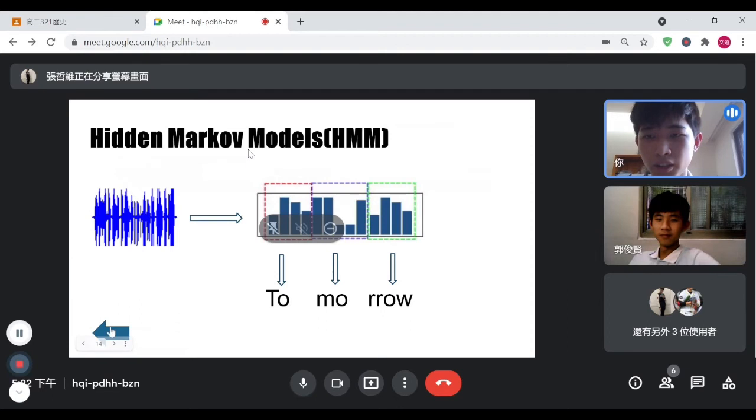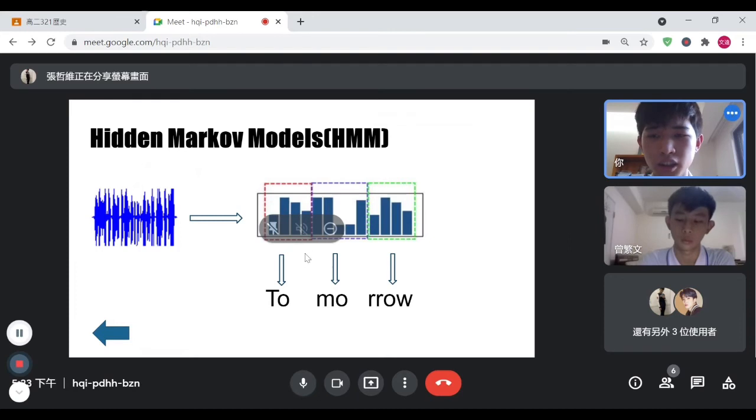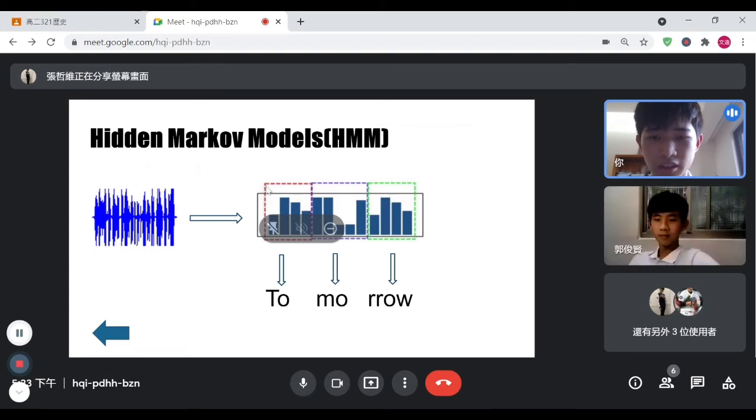For example, the hidden Markov model is the most common acoustic model. In the picture you can see, after the sound is read into signal, the acoustic model will make the voice signal into syllables by statistics. For example, if you say tomorrow, the system will make the sound into 3 parts: to, mar, and row.